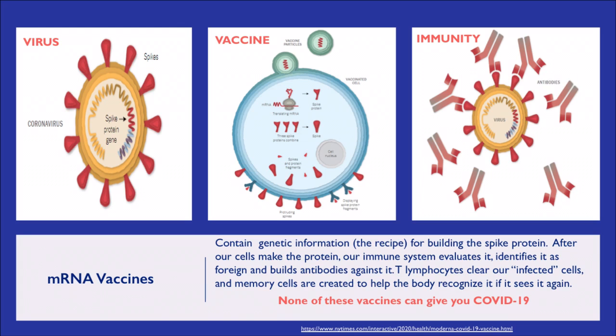Now, in making the vaccine, what they've done is taken just a component of the recipe, just a part of the genetic information, and that part of the recipe is used to make the mRNA vaccine against COVID. The part that they've used is the part that makes the spike protein.